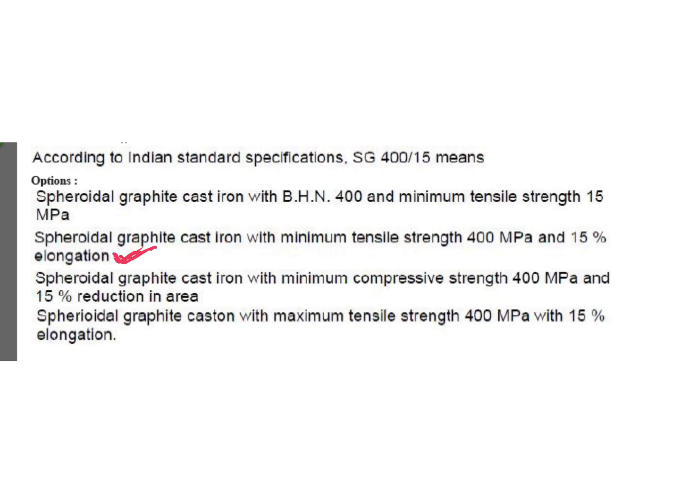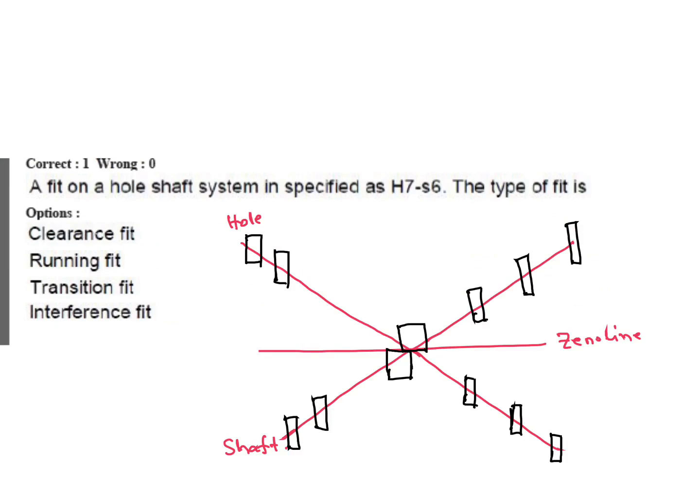A fit on a hole shaft system is specified as capital H7, small h6. The type of fit is, so we know, say zero line, then hole side will be represented in capital letters A, B, here capital H at zero line, then P like this, last is ZC, all are capital.